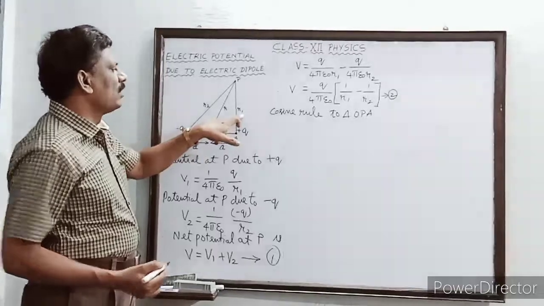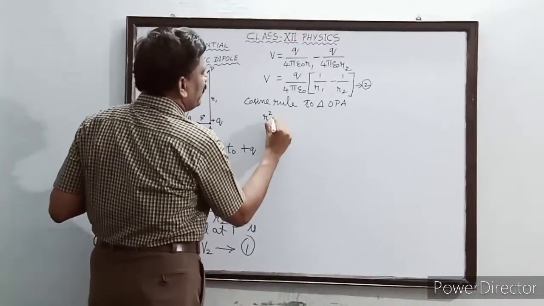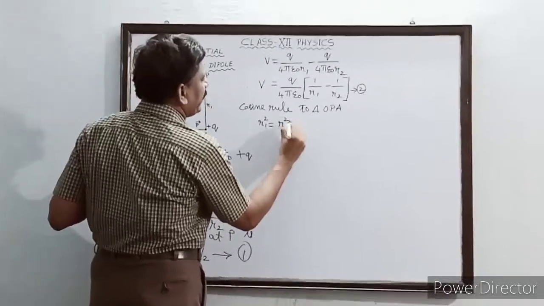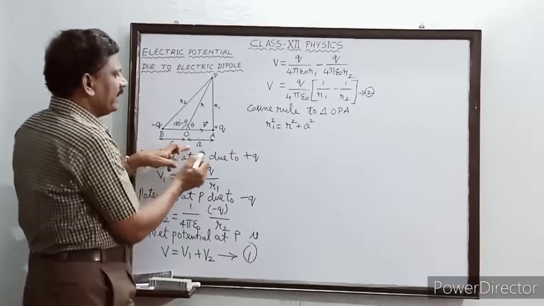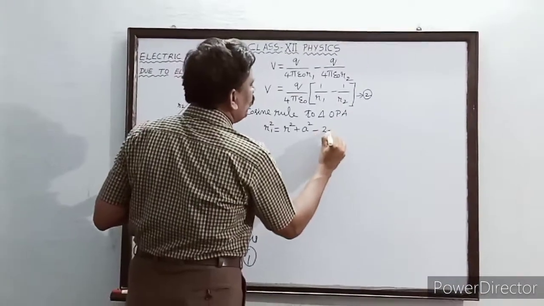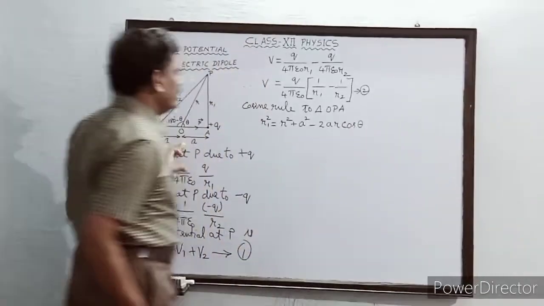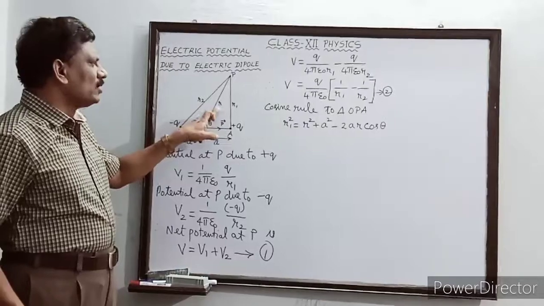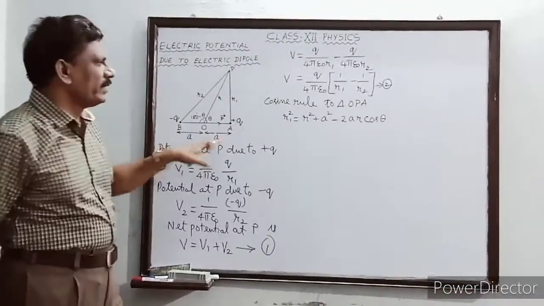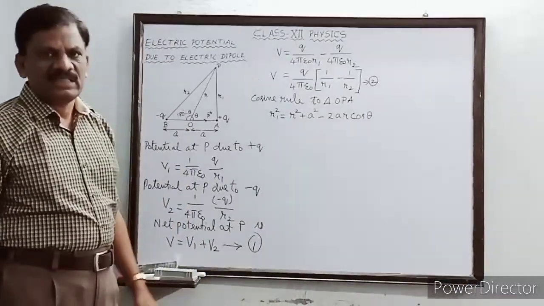So R1 square is equal to R square plus A square minus 2AR into cos of the angle between these two, that is, R1 square is equal to R square plus A square minus 2AR cos theta.